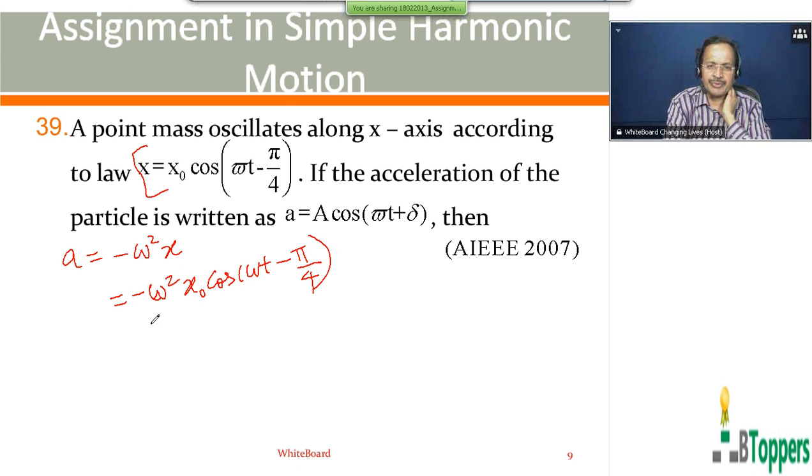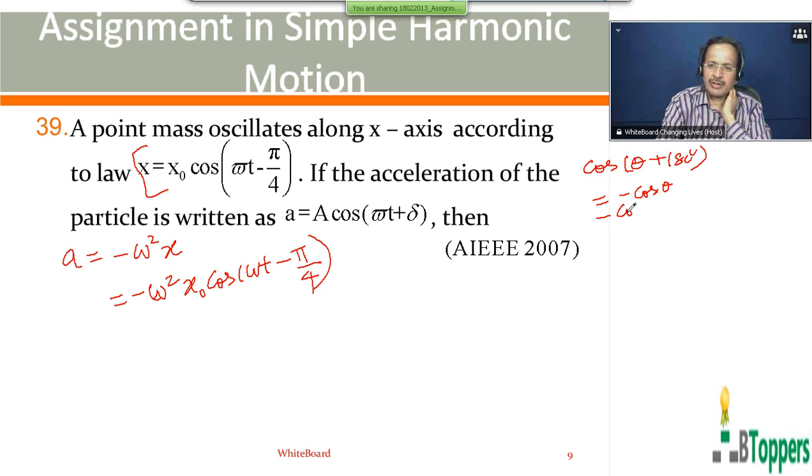Let us remove that negative sign. So you have cos of theta plus pi radians or 180 degrees, minus cos theta.